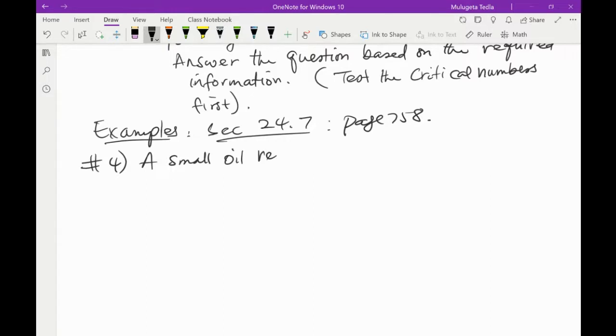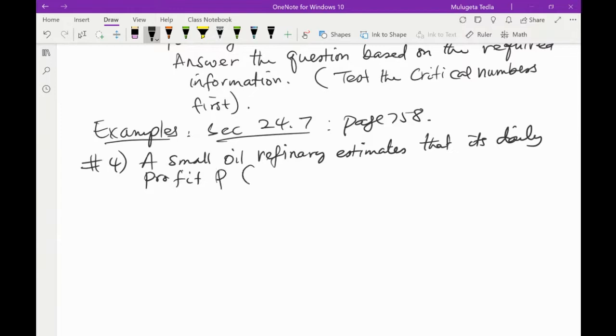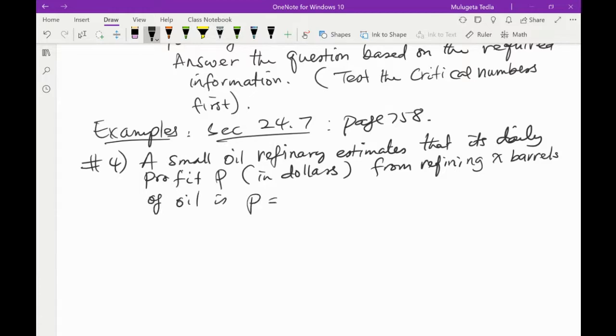A small oil refinery estimates that its daily profit P in dollars from refining x barrels of oil is P equal to 8x minus 0.02x squared.